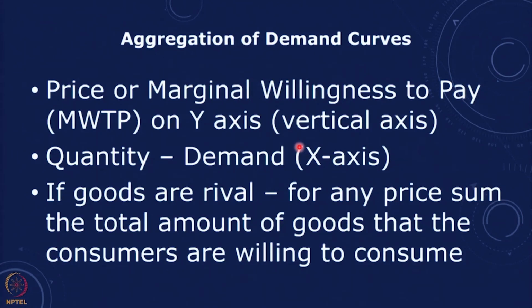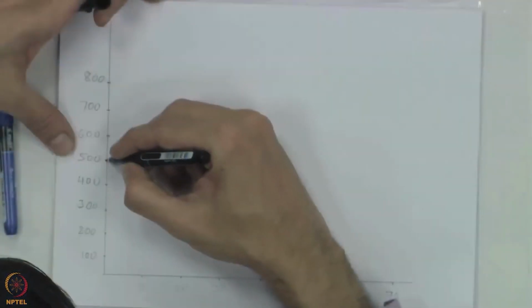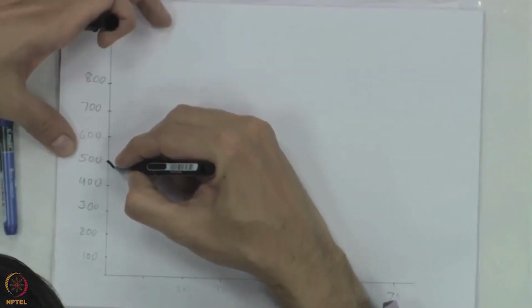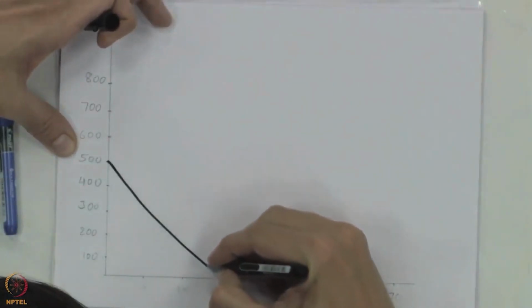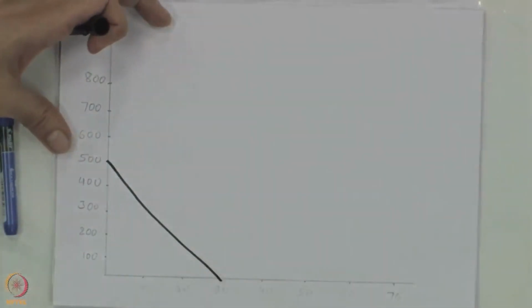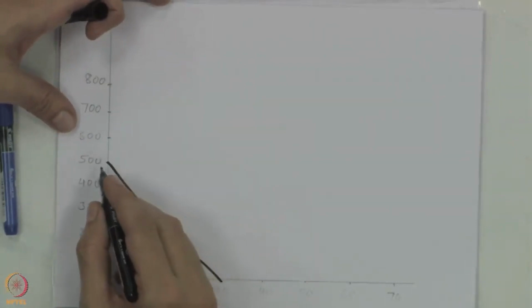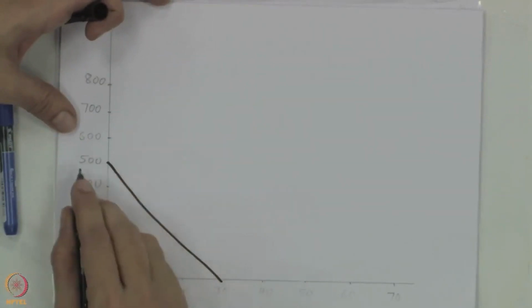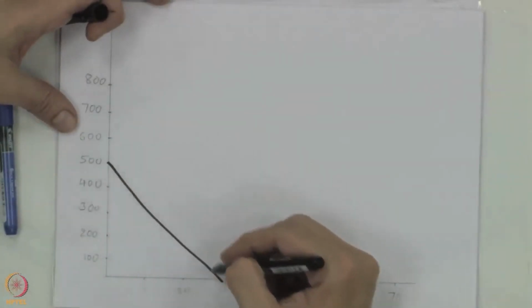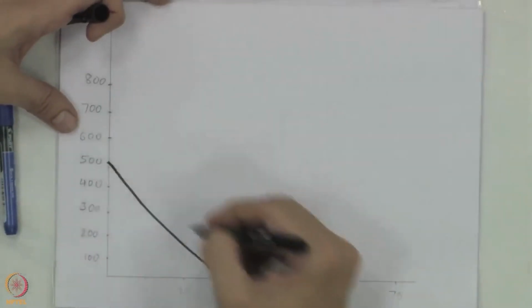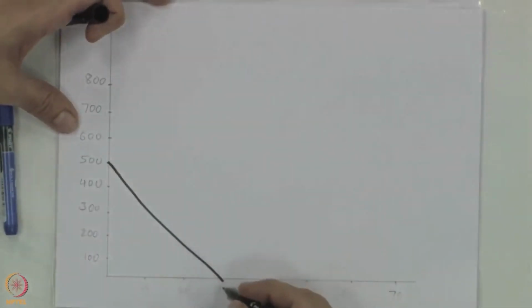Let us consider a person who has a demand curve like this. For a particular commodity, if the price goes beyond 500, they do not want to buy any of it, and as the price reduces, the demand would increase. The maximum that this customer requires is 30 units; if the price is 0, they are not going to consume more than that.